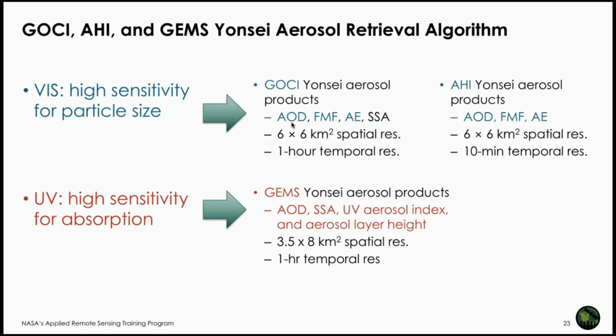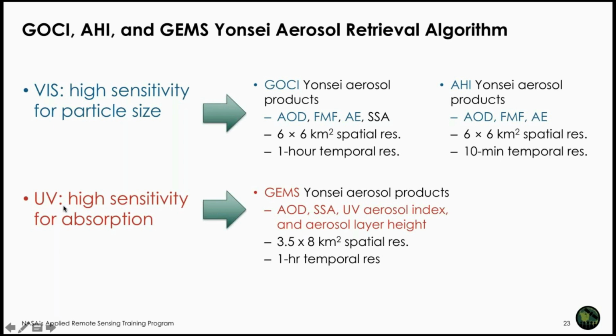So the products are aerosol optical depth and size information like fine mode fraction and Angstrom exponent from GOCI and AHI. Those two products have the same spatial resolution, 6 by 6 kilometer. GOCI has 1-hour temporal resolution, and AHI has 10-minute temporal resolution.